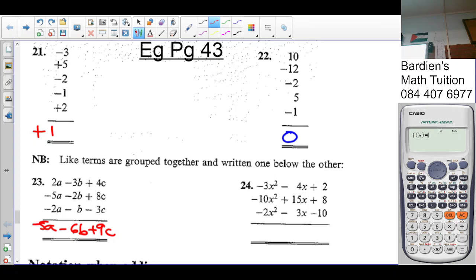Negative 3 minus 2 is what? Negative 5. Minus 1 is what? Negative 6. Now negative 3b minus 2b is negative 5b. Negative 5b minus 1b is negative 6b, which makes it correct. Nice.